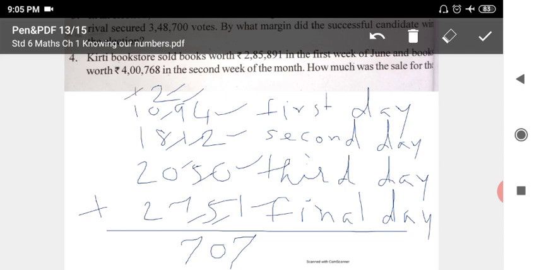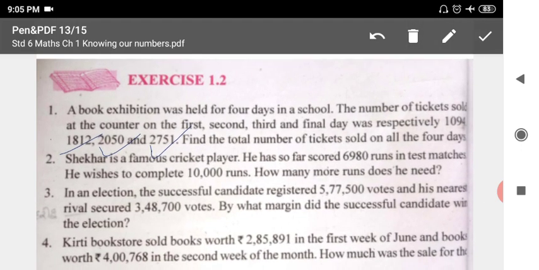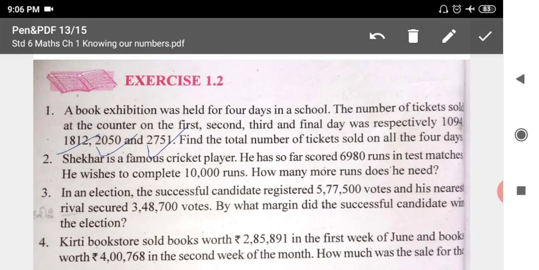Now 1 plus 1 is 2, 2 plus 1 is 3, 3 plus 2 is 5, 5 plus 2 is 7. So this is the total number of tickets sold, that is 7707. The total 7707 tickets were sold on all the 4 days. Okay, I hope you understood.